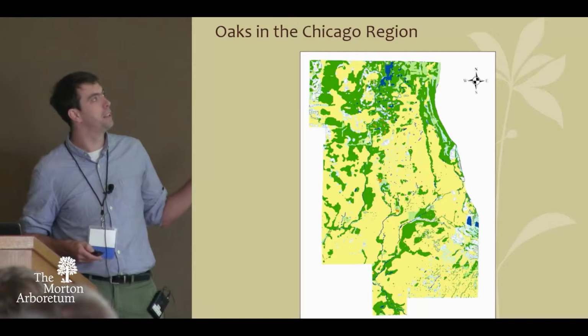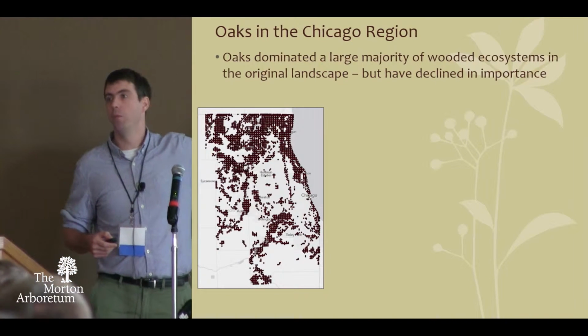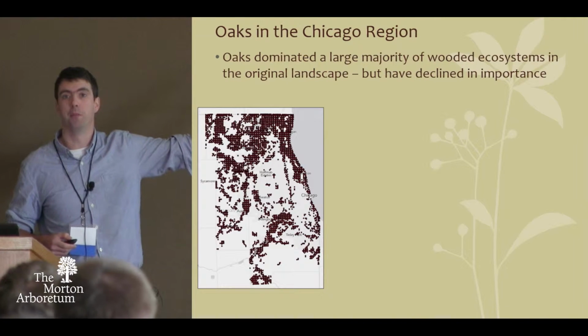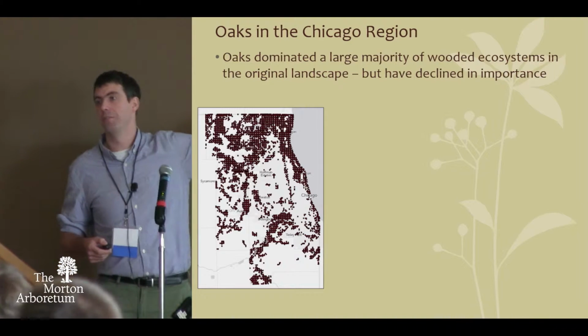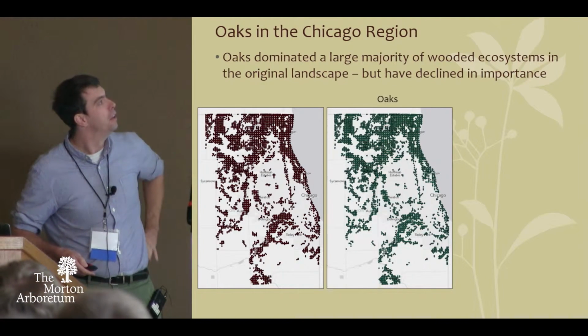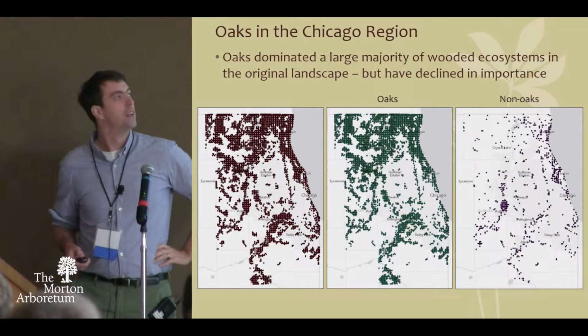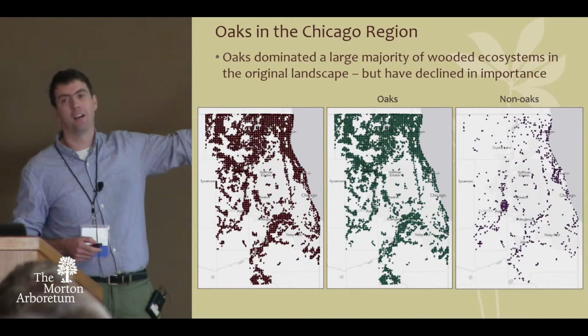Within this landscape, those places that were green, we have information on what kind of trees were there from the pre-settlement land surveys that the government did. These are all the locations of trees that were recorded in those 1830s surveys. Those are all the ones that are oaks, and those are all the ones that weren't oaks. So there was a very oak-dominated landscape.